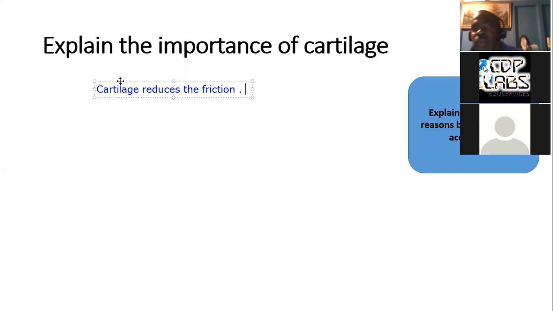But how do you establish now that it is important? There's a key word that I can use when we establish importance. A key word. Can anybody tell me?